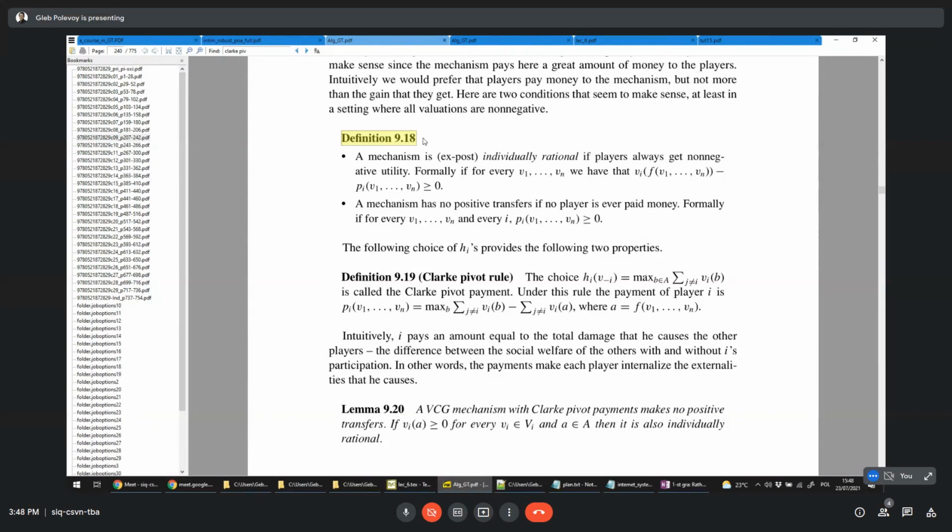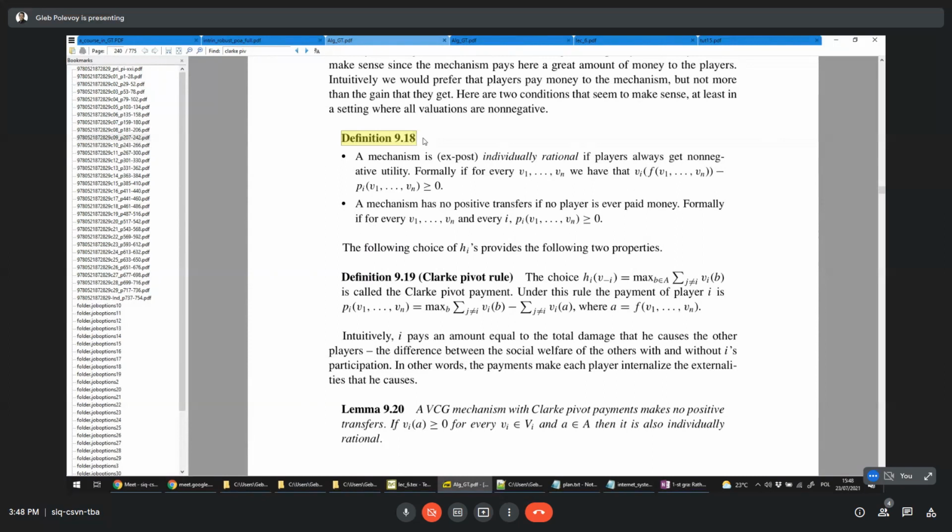So the Clarke rule is as follows: this h_i, the function of what the others bid, is simply the maximum of what they derive from an alternative, not necessarily the alternative which has been chosen, but we just look for an alternative which would maximize what they derive.